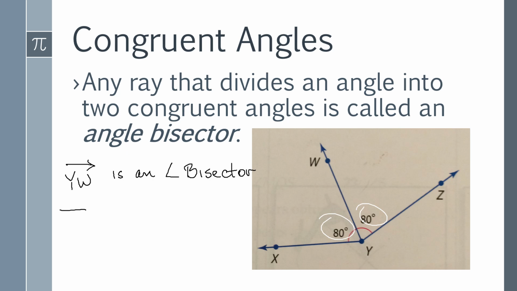We could also say ray YW bisects, cuts into two congruent angles. This bigger angle here is cut into two equal angles. So we would say that it bisects angle XYZ.